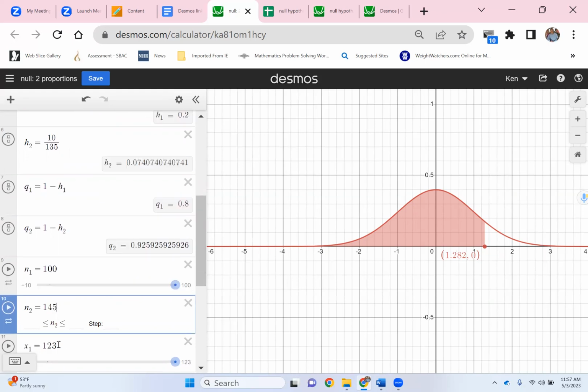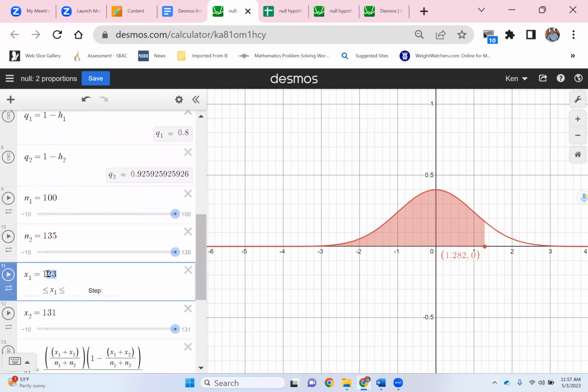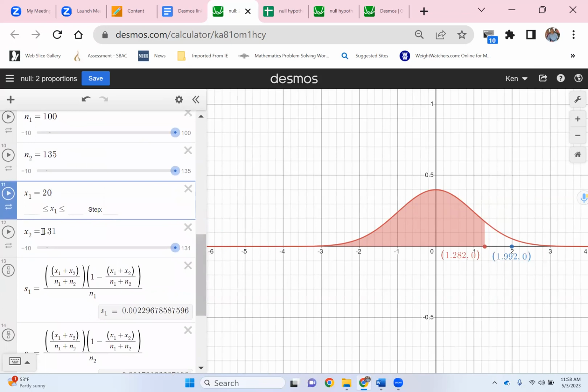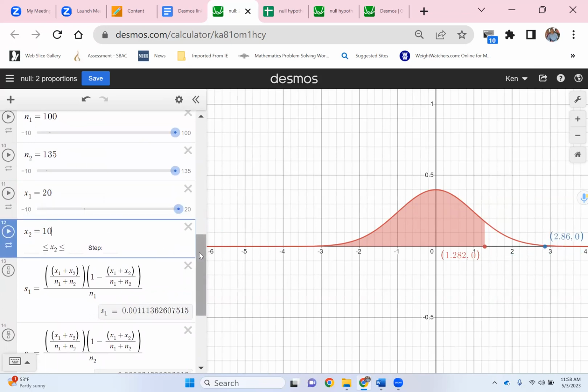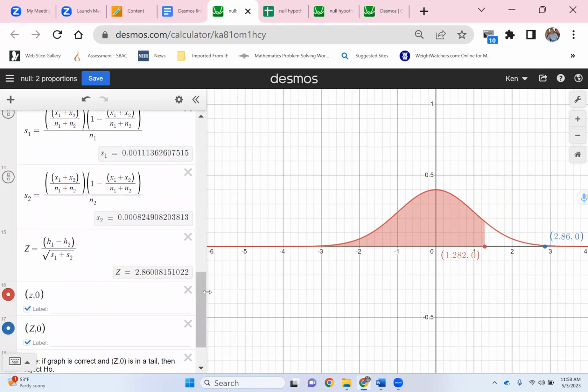N2 is 135. X1 is 20. And X2 is 10. All right, so our test statistic is 2.86. We've got everything we need to know.